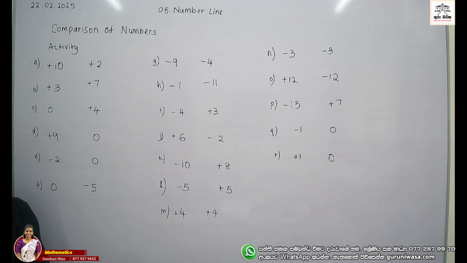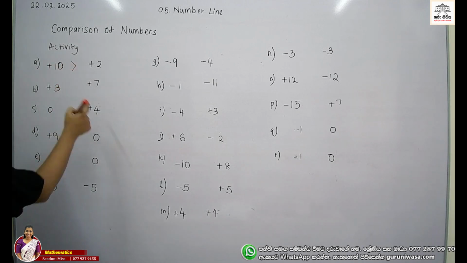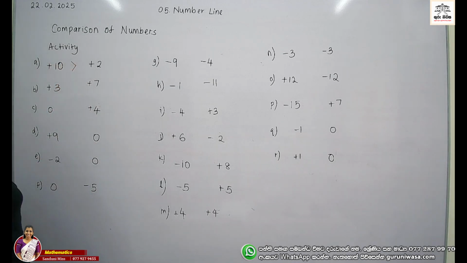Okay. So we'll see. Tell me the first one, which is greater. Tell me the greater one, so I'll mark it. Two. Plus 2. Ten. This one, second one, which is greater? 7.